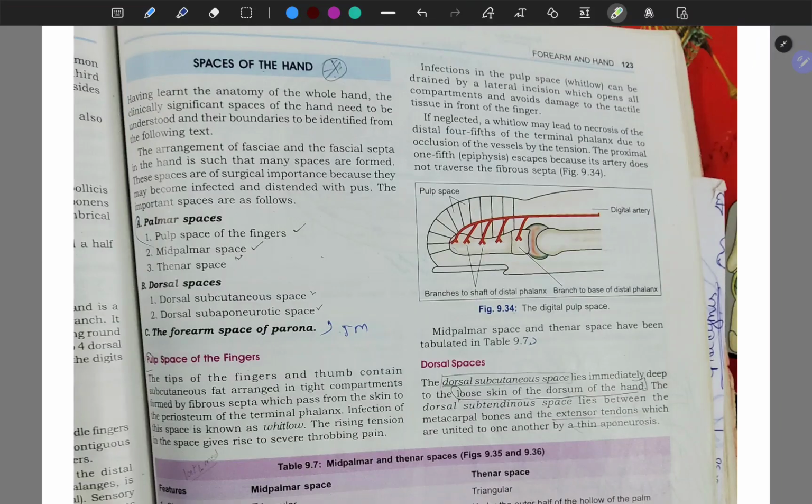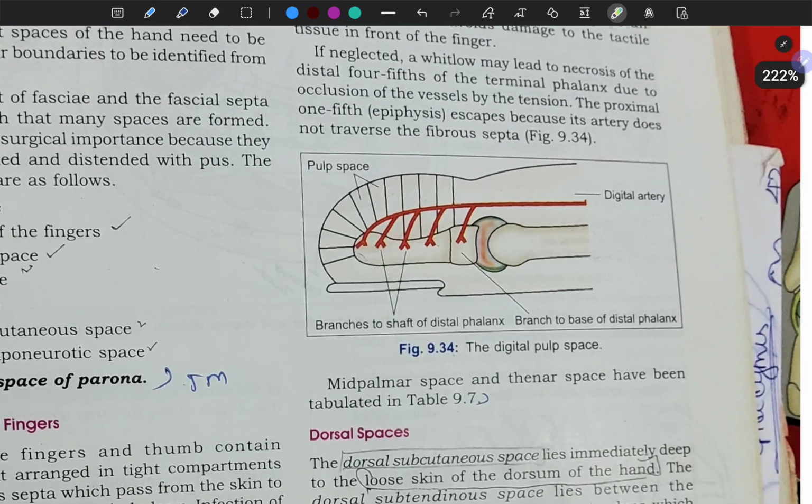They may ask you about spaces of the hand, palmar spaces: pulp space of finger, mid palmar space, thenar space. Whereas dorsal spaces are dorsal subcutaneous, dorsal subaponeurotic space, and forearm space of Parona. This is a digital pulp space where the nutrient artery to the terminal phalanx arises.